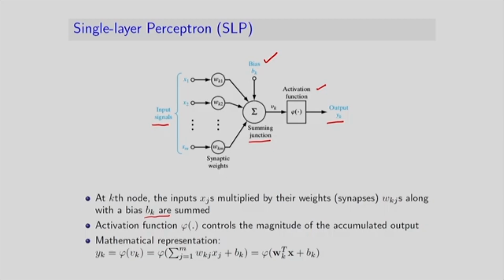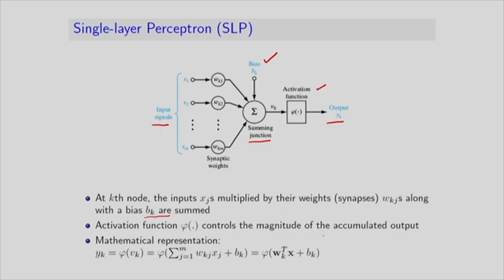At the kth node, the inputs xj are multiplied by their weights wkj, along with the bias bk, and summed. And we are considering the activation function phi that controls the magnitude of the accumulated output. Why I need the activation function, I have already explained in my artificial neural network class. So this activation function phi controls the magnitude of the accumulated output.